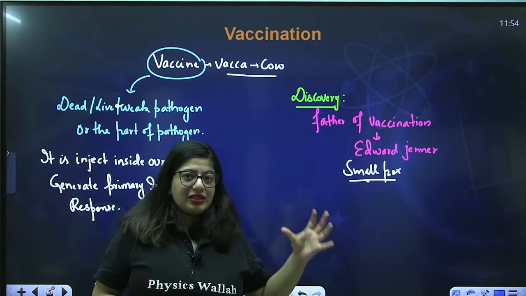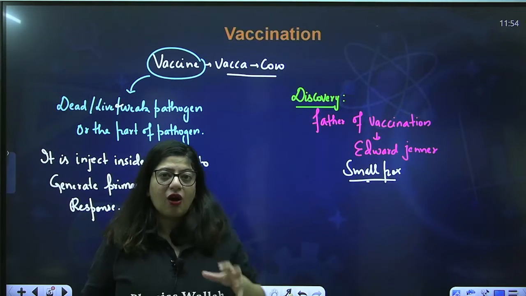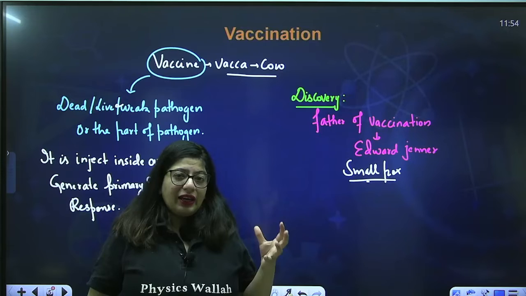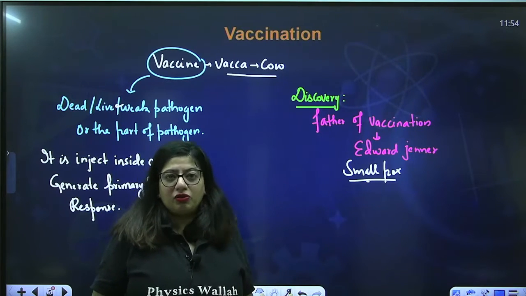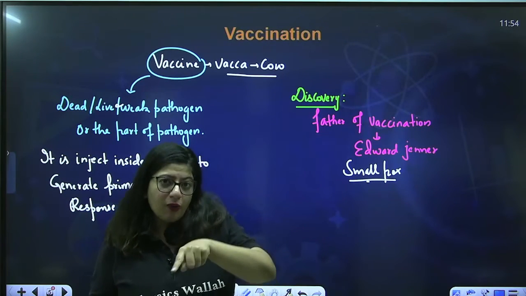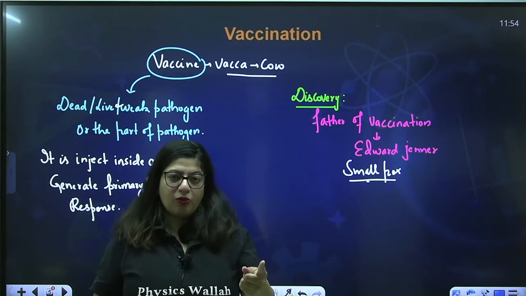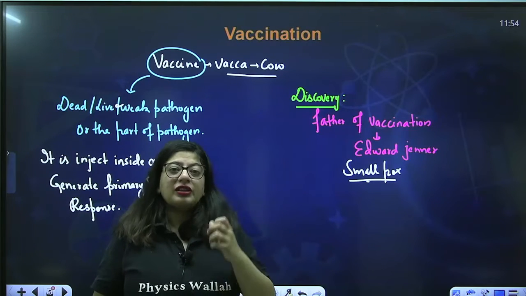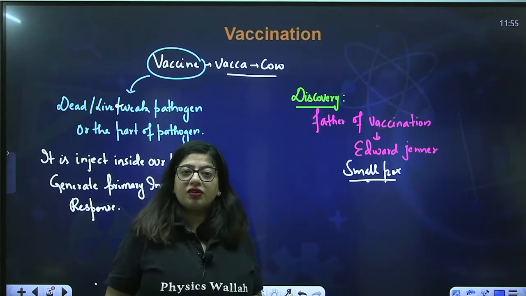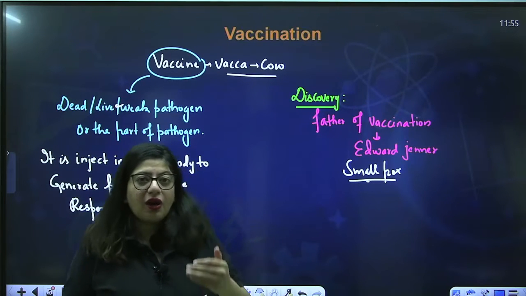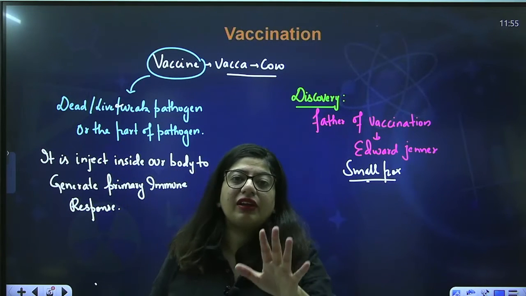When it entered the body of those cowboys and cowgirls, their body generated primary immune response. So when smallpox virus gets inside their body, the primary immune response is already generated. Now secondary immune response will occur, they will never get the disease.